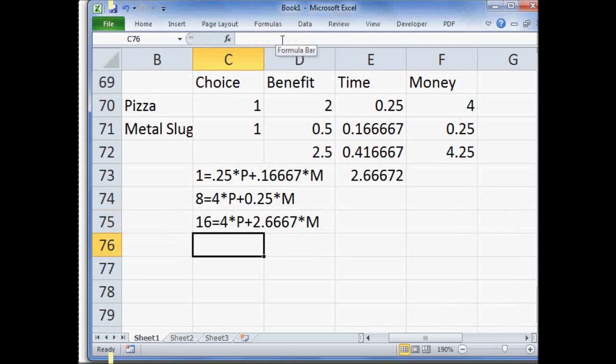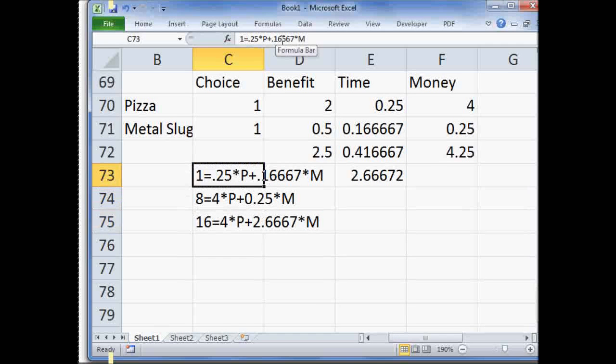That's our new equation. So do you see this equation and this equation are the same? This one's just scaled up by 16. This is 16 times bigger than 1. 4 is 16 times bigger than 0.25, and so on. So right here, this one and this one are exactly the same information.